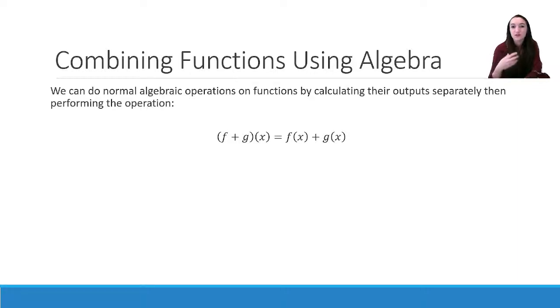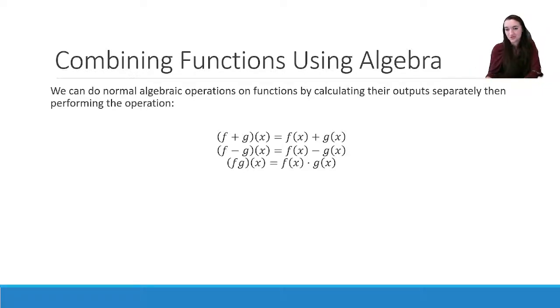So for example, f plus g of x is f of x plus g of x. F minus g of x is f of x minus g of x. F times g of x is f of x times g of x. And f over g of x is f of x over g of x. This is just a notational thing. So let's look at what exactly that means and what that looks like.